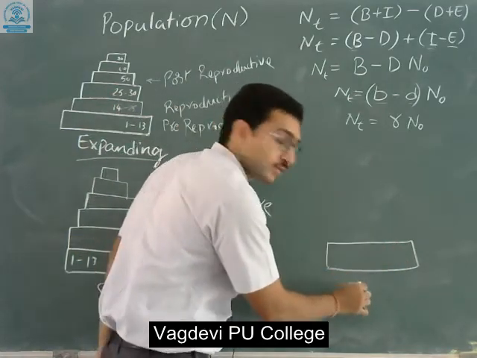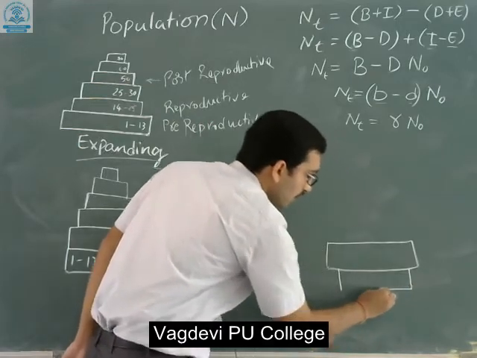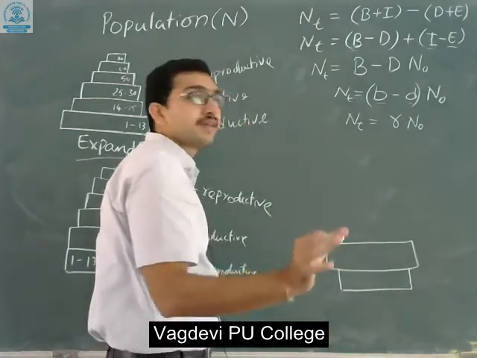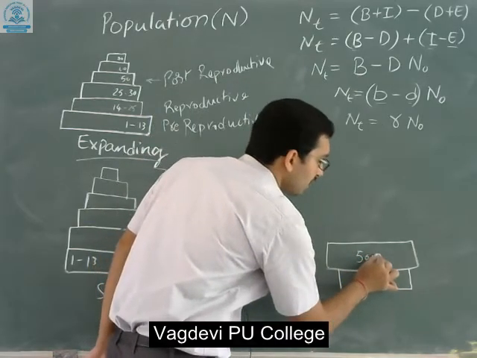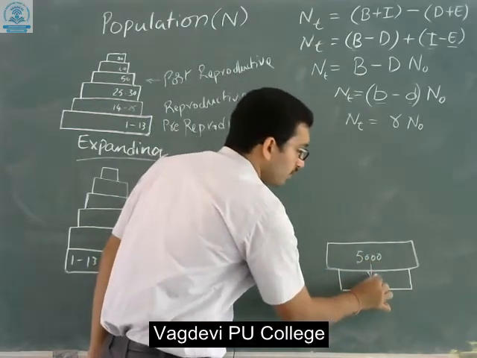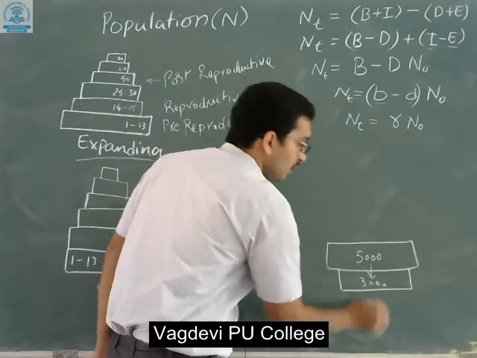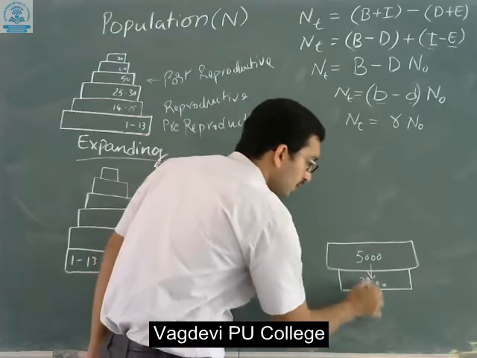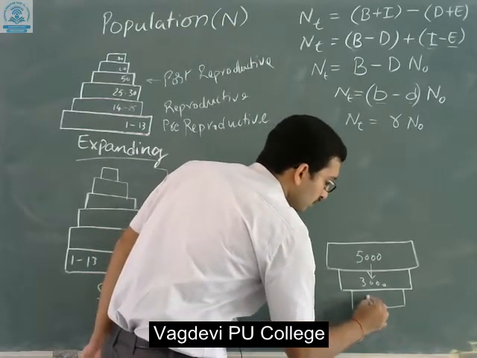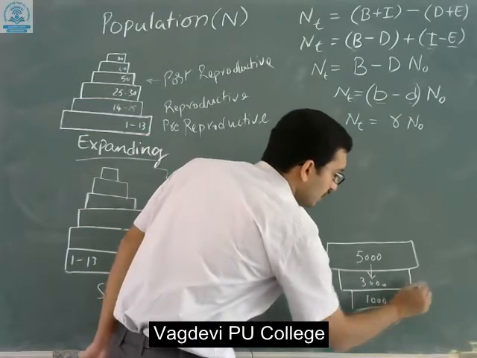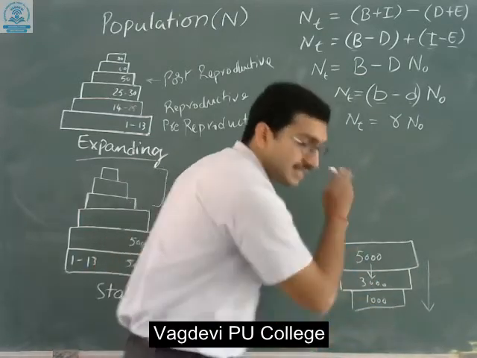These individuals have produced very few offspring. Let's consider 5,000 individuals have given birth to only 3,000. After a few years these 3,000 will produce only about 1,000. So the number of young individuals is decreasing.